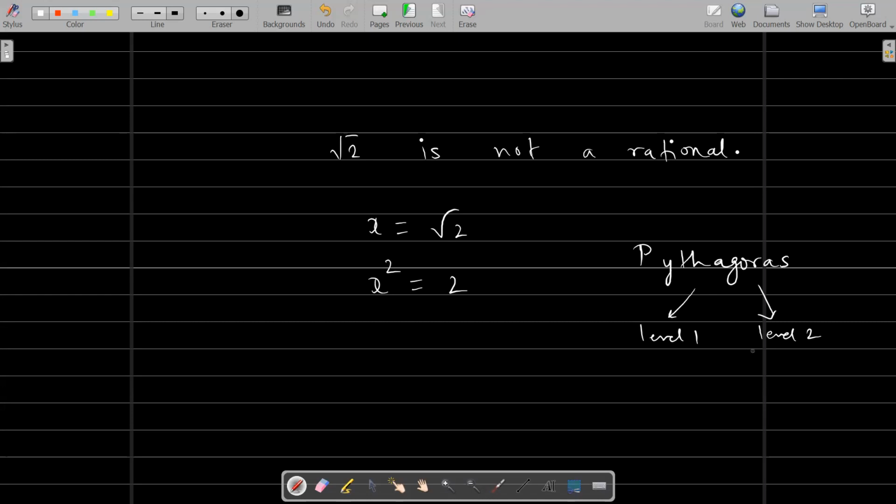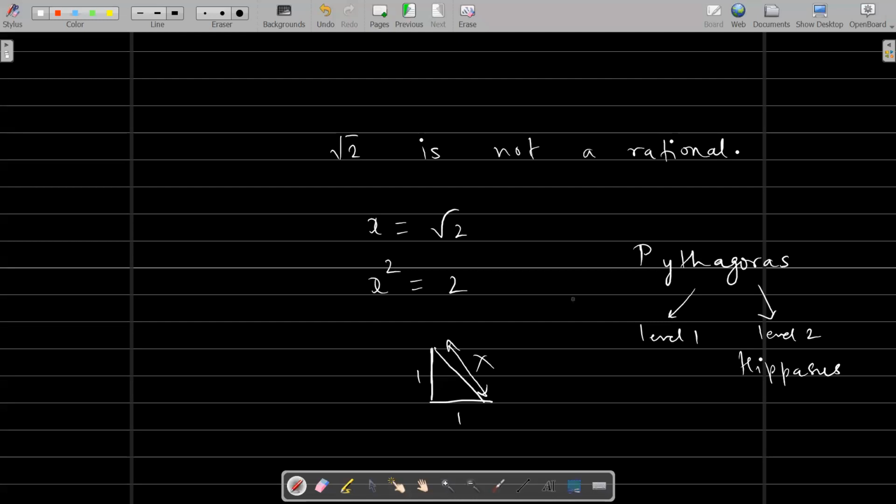So one of the students from level 2, he was good actually, so that's why he was in level 2. Once he came to Pythagoras and said, sir, in our triangle, what he means by our triangle? So right angle triangle. So in our triangle, if we take this side as 1, this side as 1, this is not a side. Hypotenuse is not a side. Now what does he mean by that? In fact, up till Pythagoras period, they were knowing only rationals.